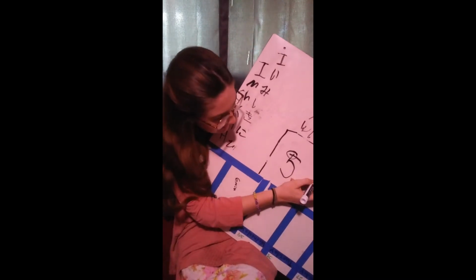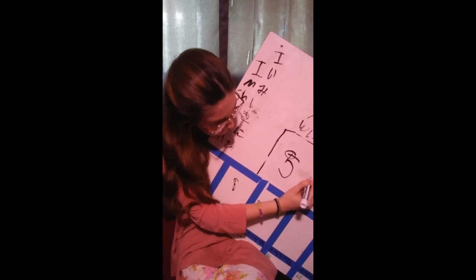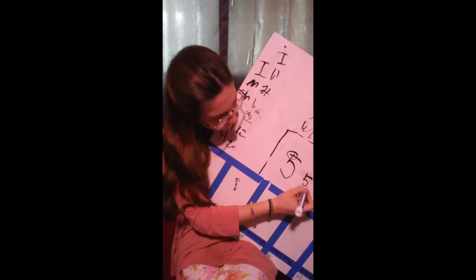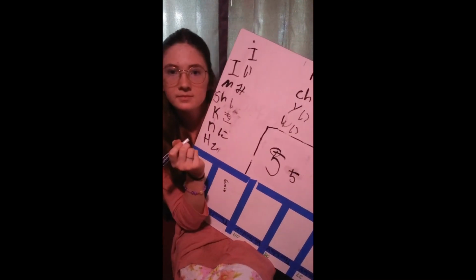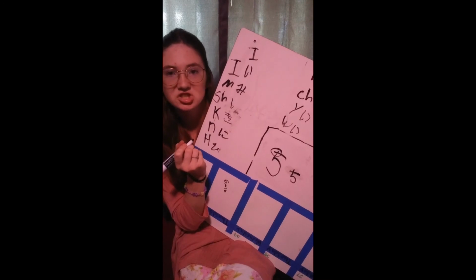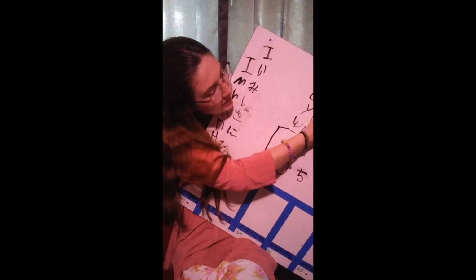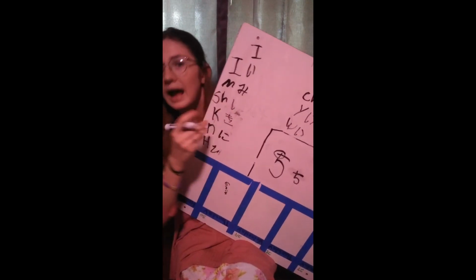So it's basically a 5 with a line up and a line sideways. That's chi. Chi is a weird 5. And that is what we have.